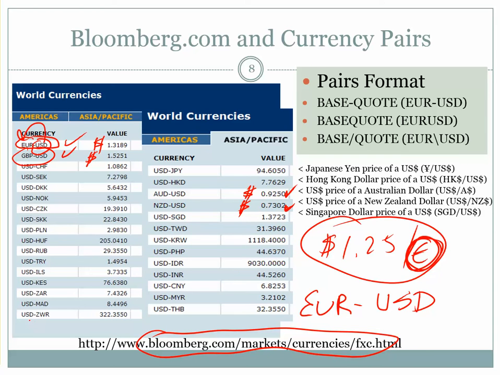Notice all the other currencies start with USD. That means you're getting the Swiss franc price of 1 US dollar, the Swedish kroner price of 1 US dollar, the Danish kroner price of 1 US dollar, the Polish zloty price of $1, the Hungarian forint price of $1, the Russian ruble price of $1, and so on.